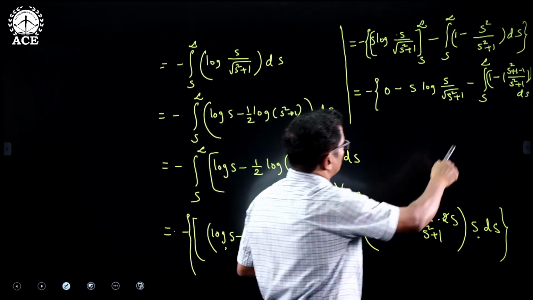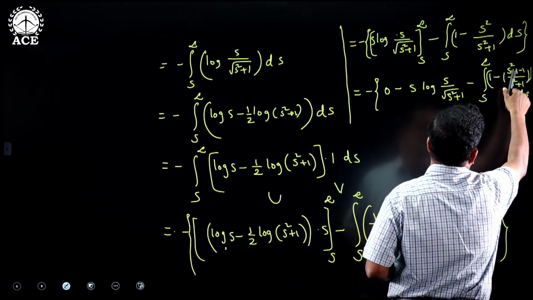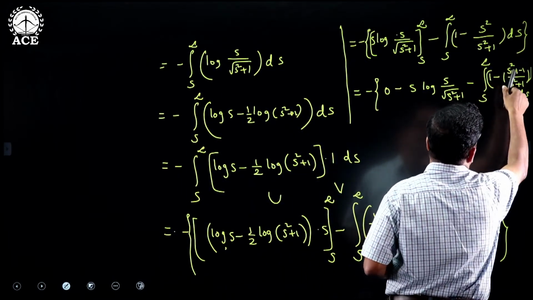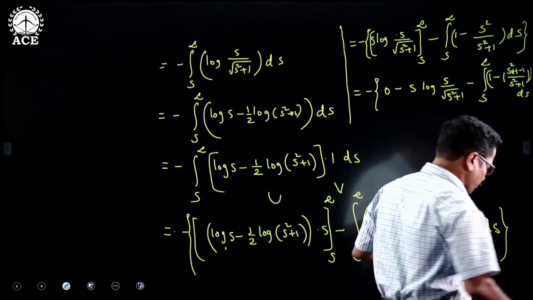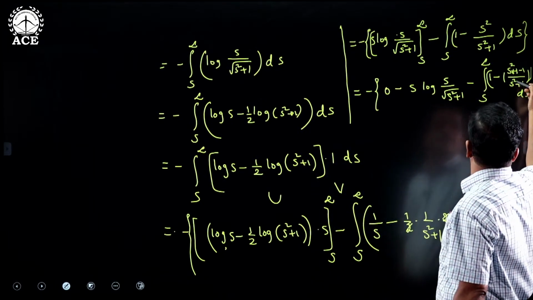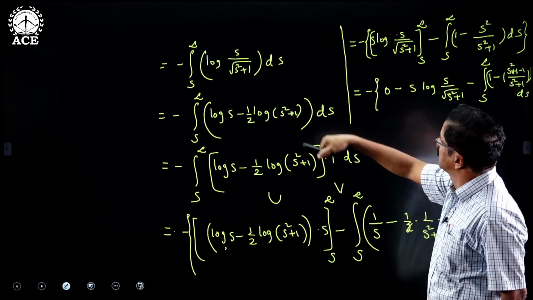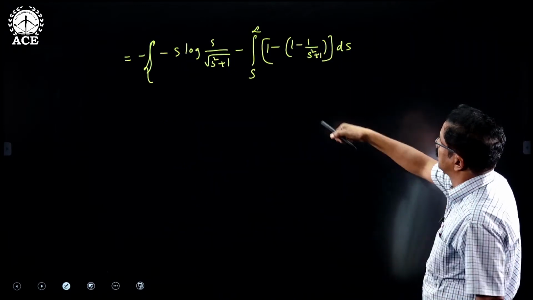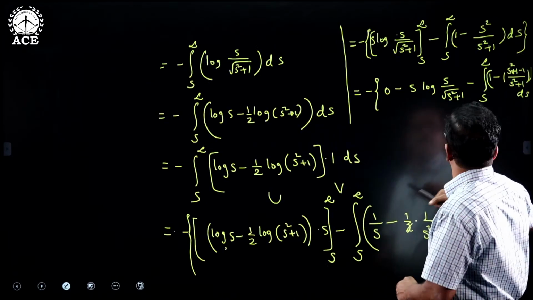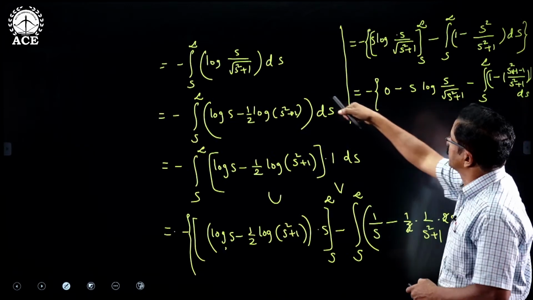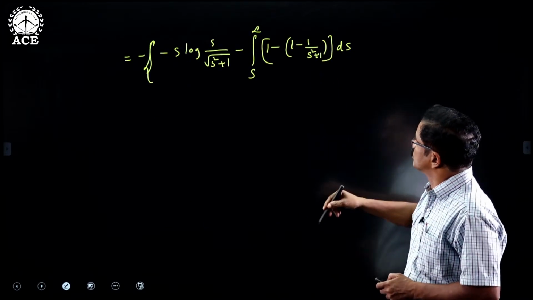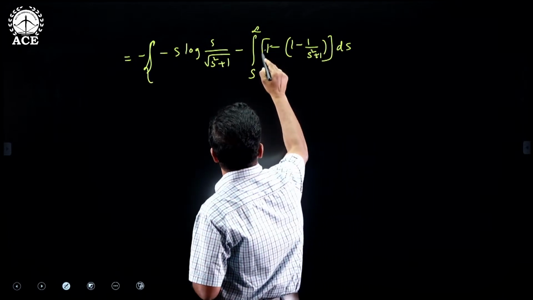Once again, 1 minus s square: for that I am adding 1 and subtracting 1. So s square plus 1 by s square plus 1 is 1, minus 1 by s square plus 1, that I am writing as minus 1 by s square plus 1. This 1 gets cancelled.